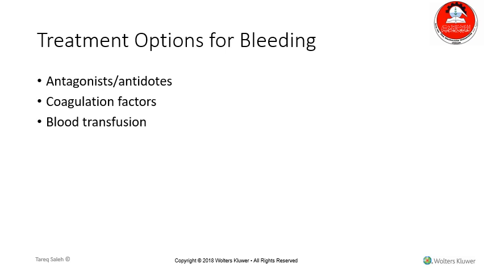Okay, so most of the time, if someone suffers from a major bleeding, for example, in a car accident, and they are admitted to the emergency room, they will receive several units of blood, whole blood, of course, depending on the severity of their hemorrhage.